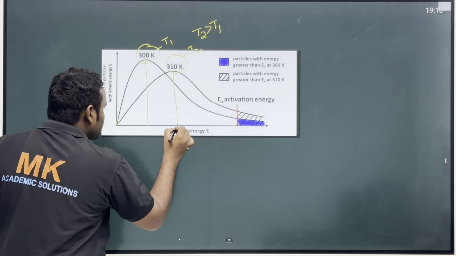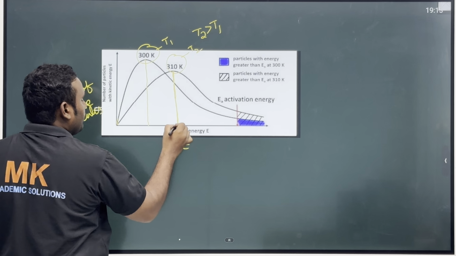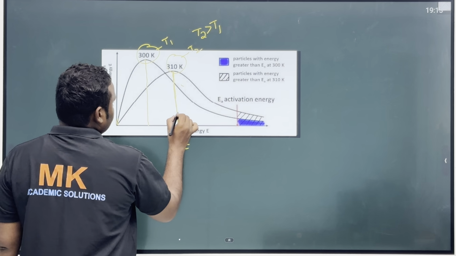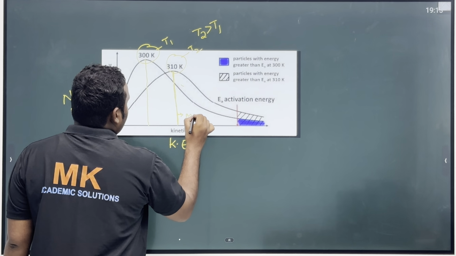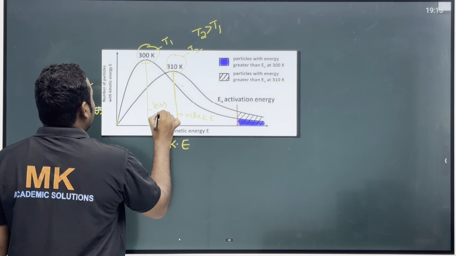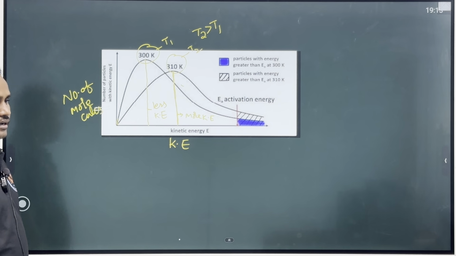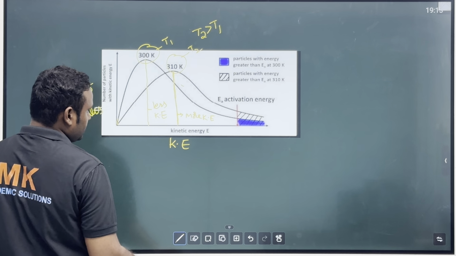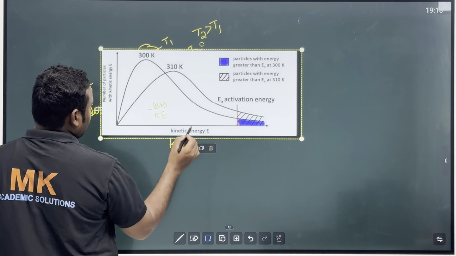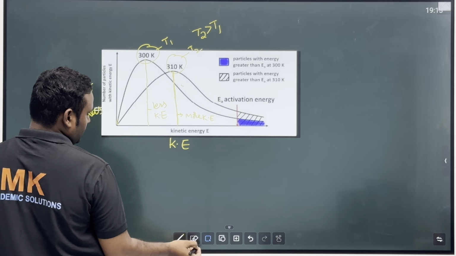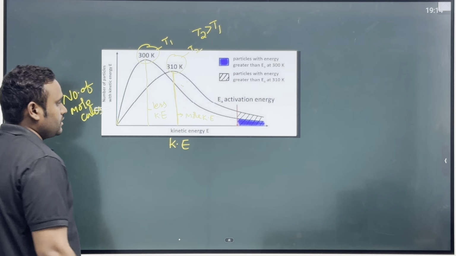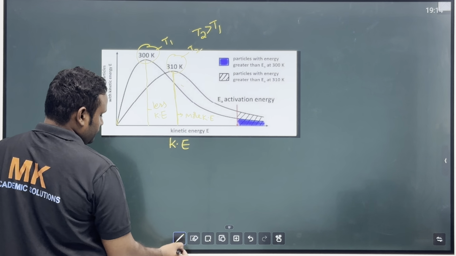Now we observe that the maximum shifts towards more kinetic energy. This side is more kinetic energy, and here we have less kinetic energy.